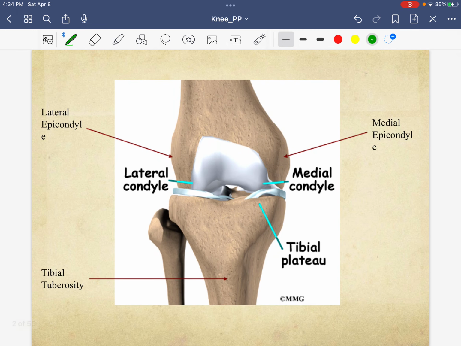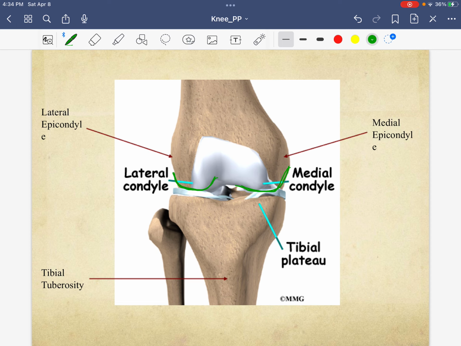Let's see this picture. The femoral condyles would be the rounded ends. I'm putting the femoral condyles in green. A condyle means a rounded end at an articulation or at a joint, and these are indeed rounded bumps at a joint. So we have medial and lateral femoral condyles.